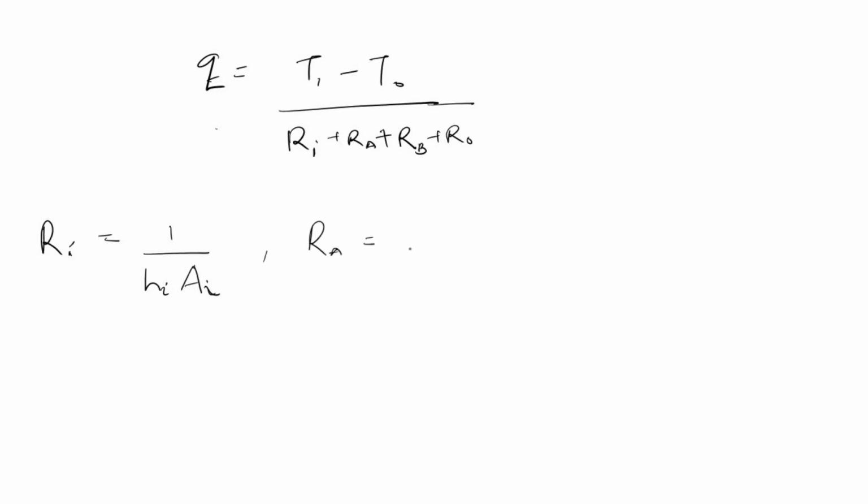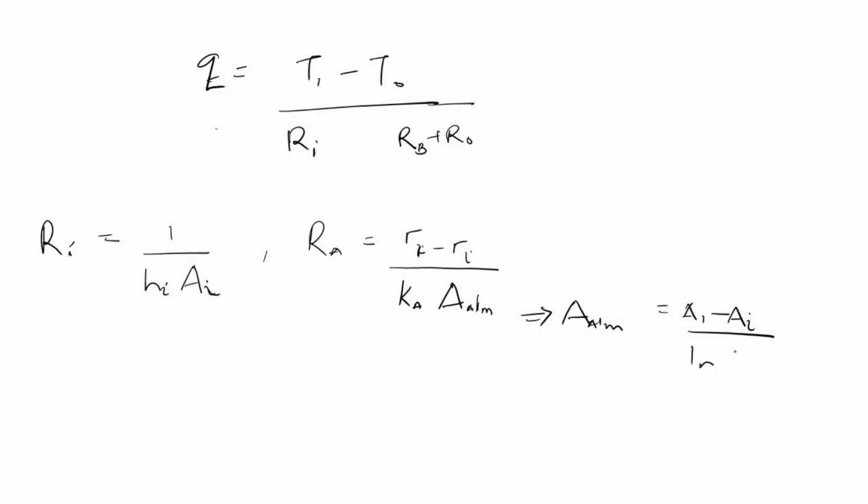Ra is going to be calculated from the radius R1 minus Ri, divided by Ka, the thermal conductivity of material A, times the log mean area of A, where A log mean is nothing but A1 minus Ai divided by ln of A1 over Ai.